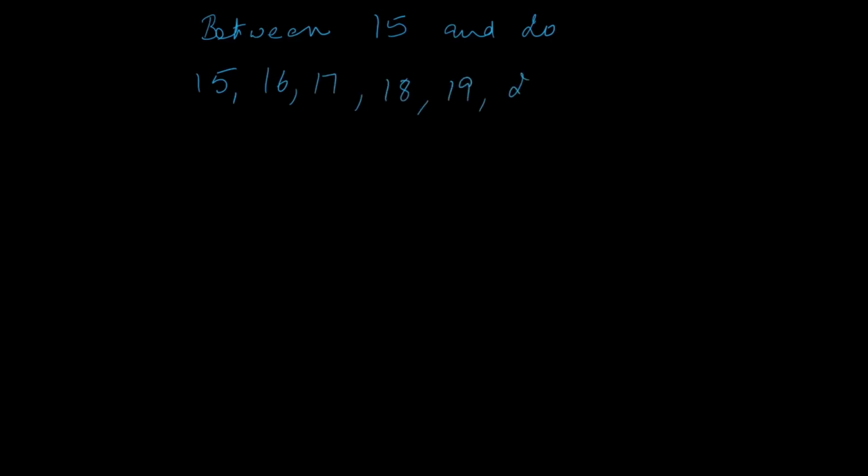Let us try a second example to find how many whole numbers lie between 15 and 20. Let us write all the whole numbers lying between 15 and 20. Now, the keyword over here is between. So we will not include 15 and 20 in our counting.